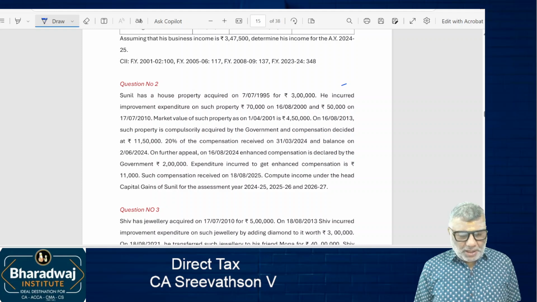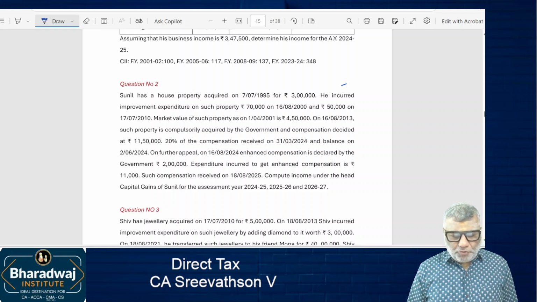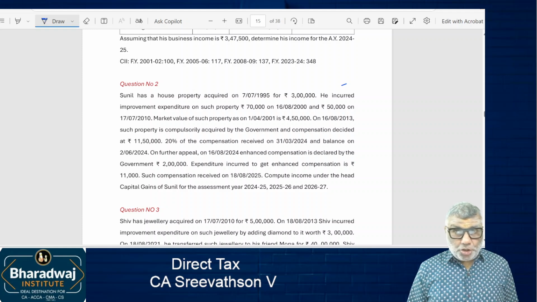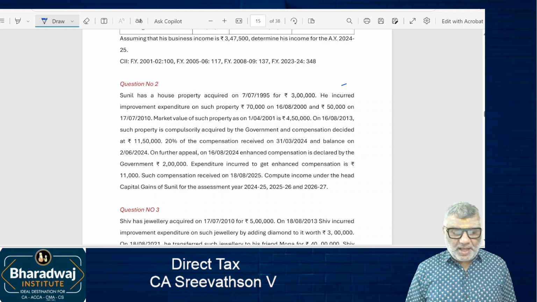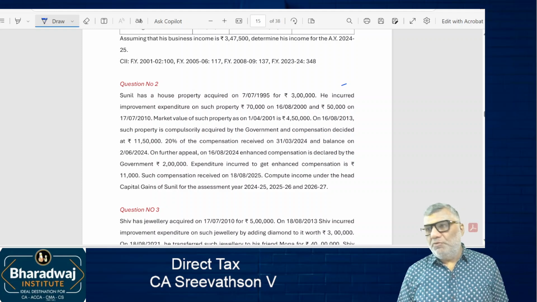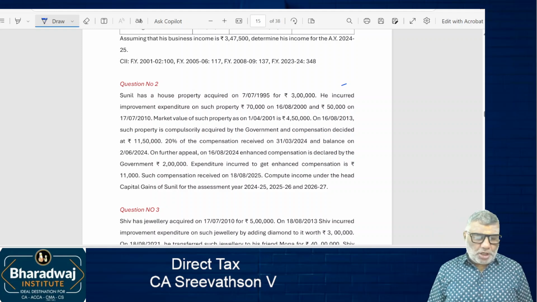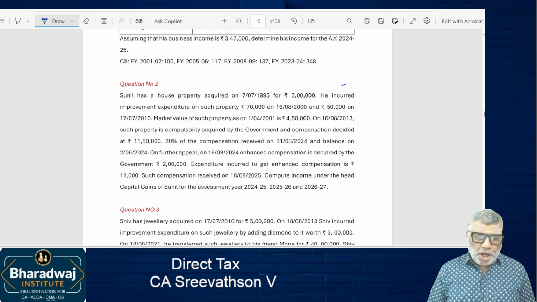And 50,000 after 1/4/2001. FMV of the property 450 on 16/8/2013, that is financial year 13-14. The property was compulsorily acquired by the government under compensation 1150.